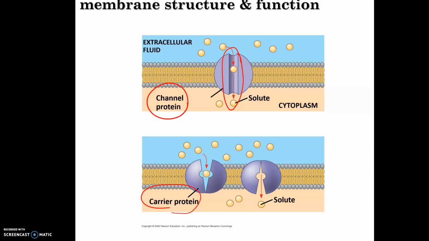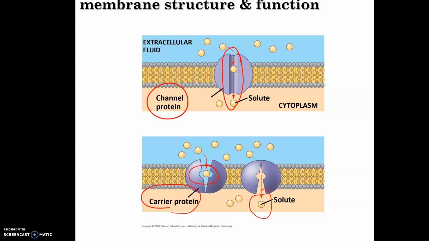But down here with the carrier proteins, the molecule has to bind into a special configuration in that carrier protein, and then it will close, and then it will open to the other side of the membrane and dump that molecule out.